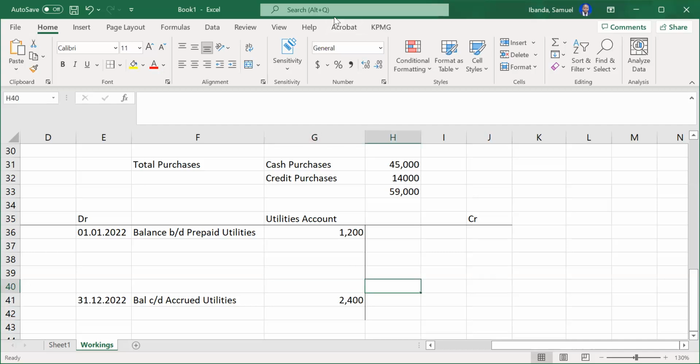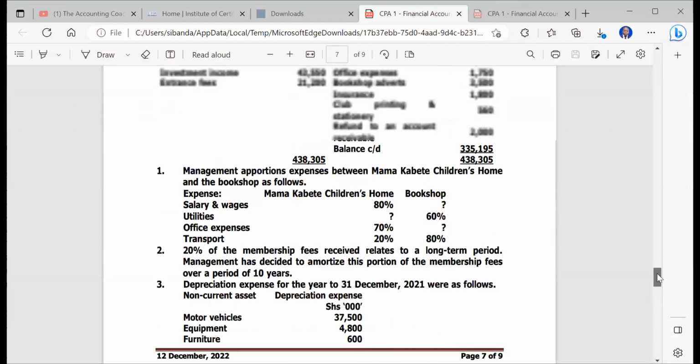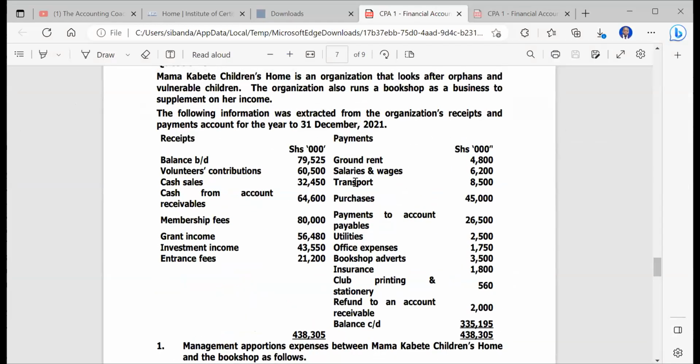Now, after I've done this, I also have something here for utilities. I have these utilities. Now, could somebody tell me where I am going to put these utilities? On the debit or on the credit side?